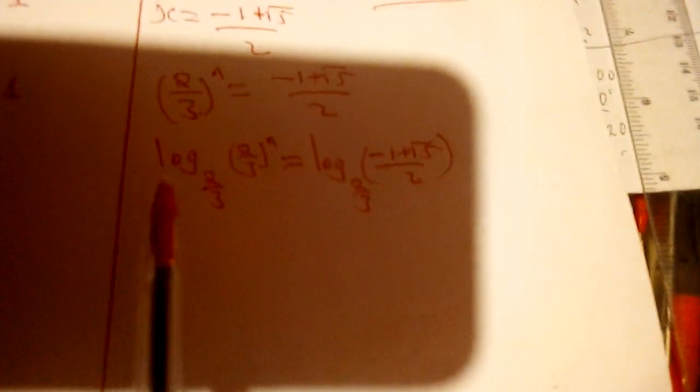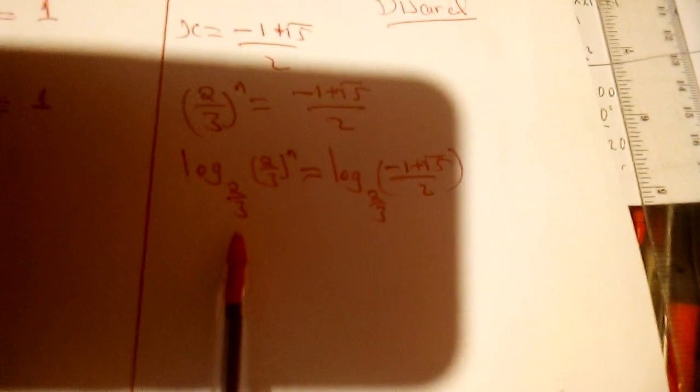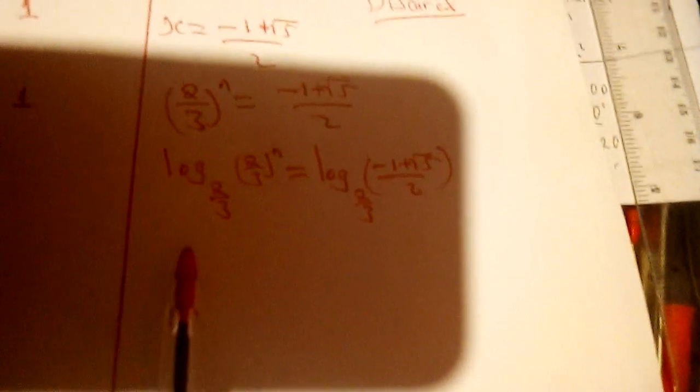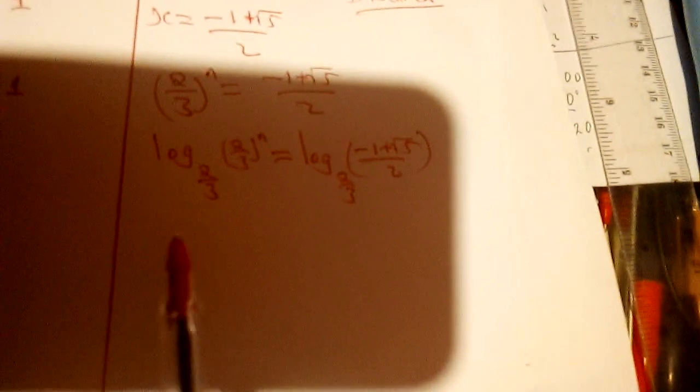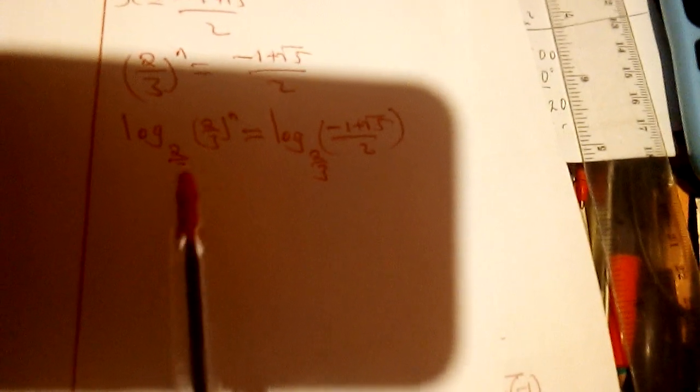But according to the laws of logarithms, if you have log base a of a to the n power, that can also be written as n log base a of a. And we know log base a of a is just the same as saying 1.